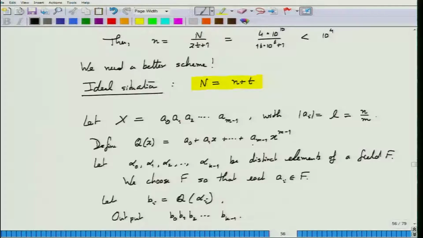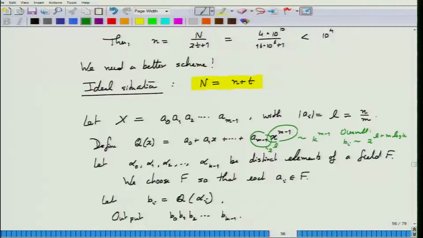So if you just stay with this, the magnitude of a_{m-1} is about 2 to the L, and so this will have magnitude about k to the m minus 1. So overall, b_i is roughly 2 to the L plus m log k.